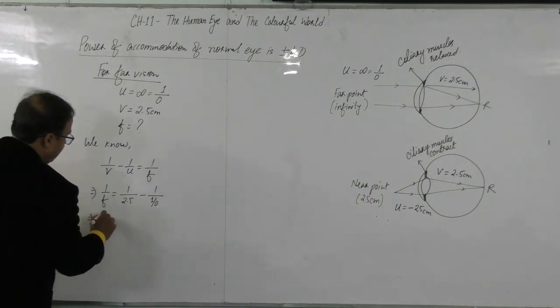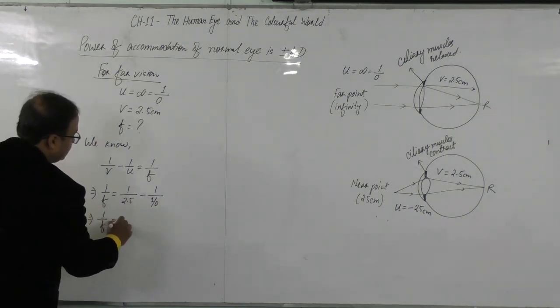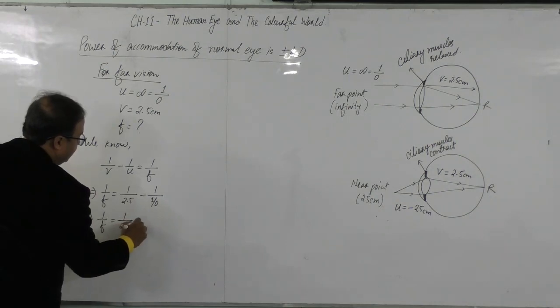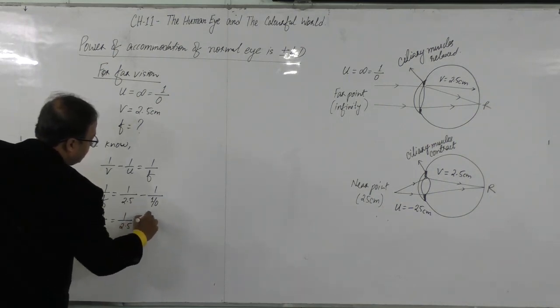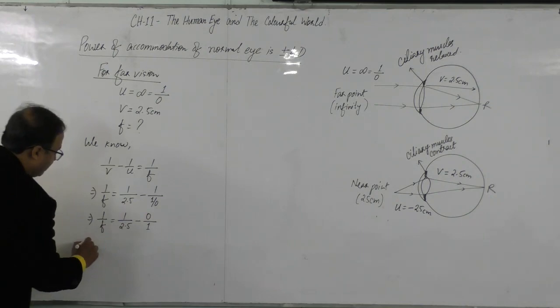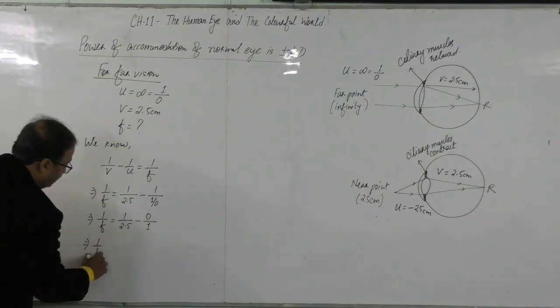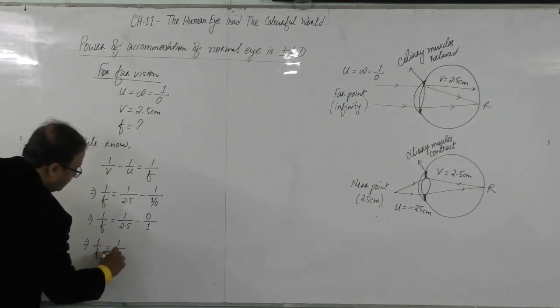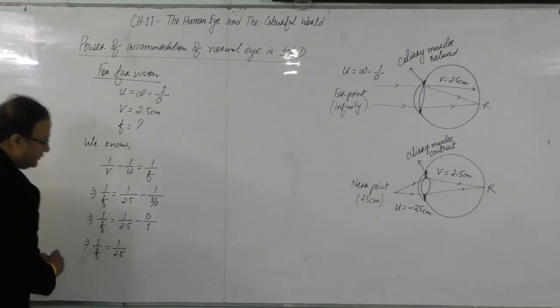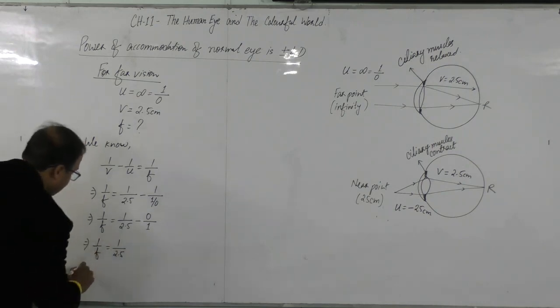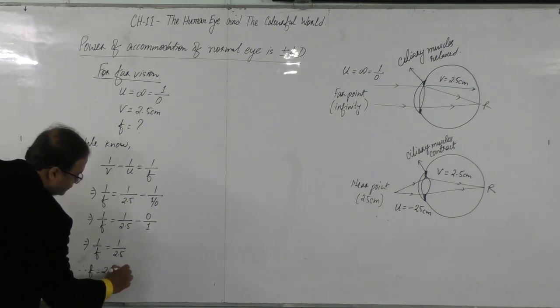So 1 by f is equals to 1 by 2.5 minus 0 by 1, that is 0. So 1 by f is equals to 1 by 2.5 centimeter. Therefore focal length is 2.5 centimeter.